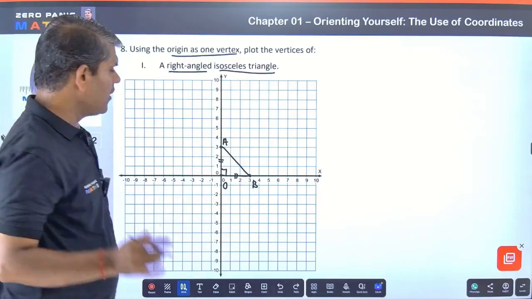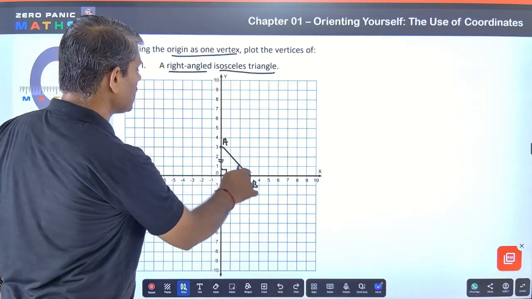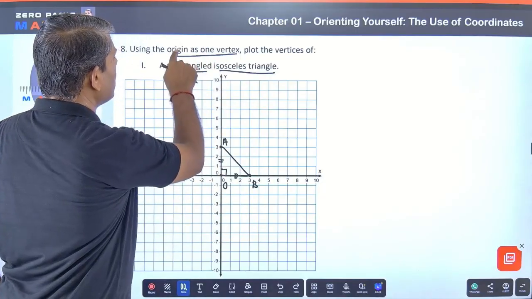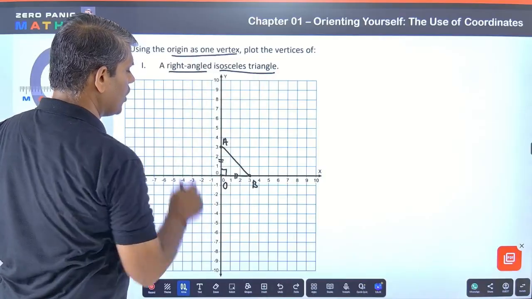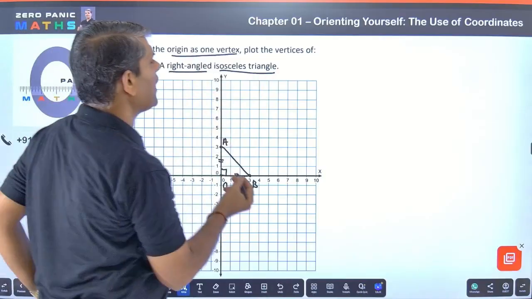You understood this? Okay. So it is a right angled isosceles triangle drawn by using origin as one of the vertices. Now let me write that here.